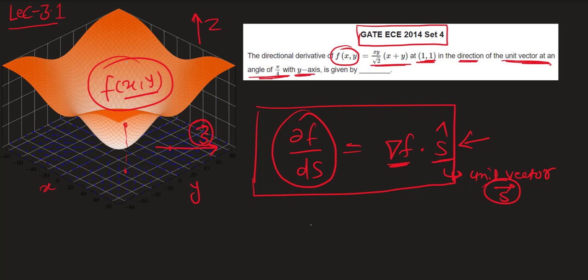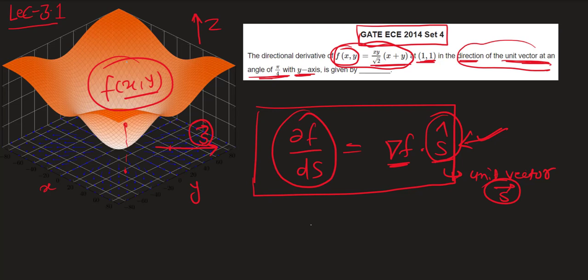So we have been given the direction s cap in which we have to find this directional derivative, because directional derivative means it depends on the direction. So we have to know the direction in which we have to find this derivative. And this function f we are given.